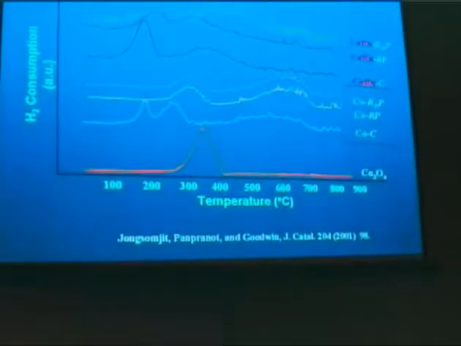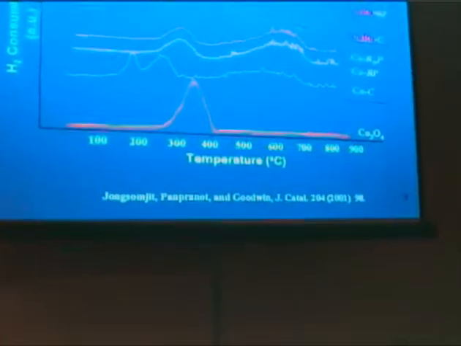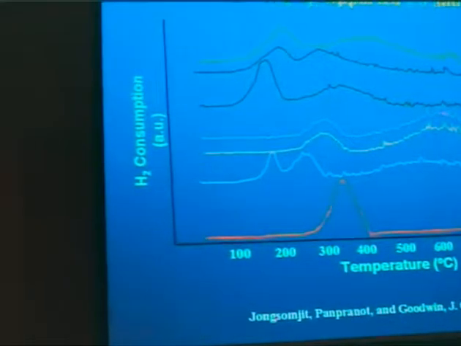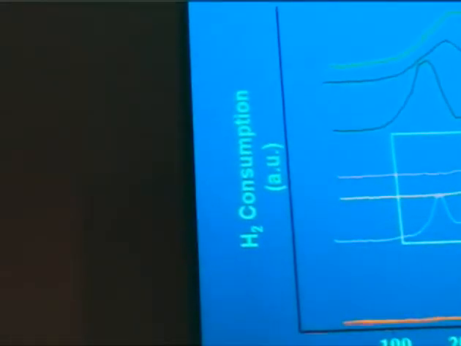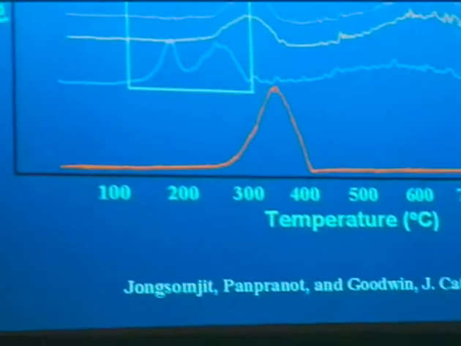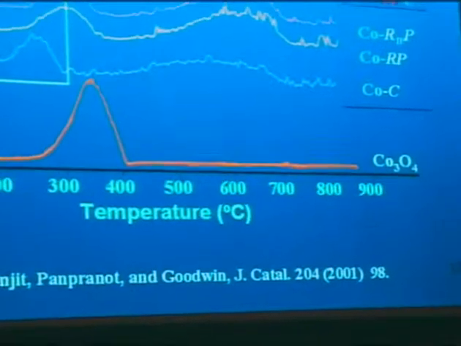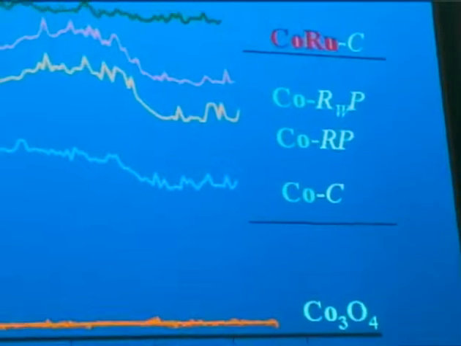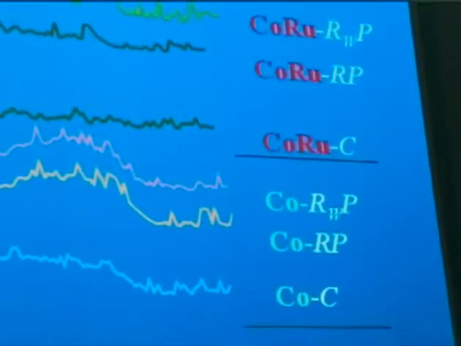Well, what is it doing? Well, there have been a number of papers, and certainly we've contributed to that as well. If you look at just the unpromoted cobalt on alumina, what you see is that if you do TPR of the as-calcined catalyst, you get some nice structures at lower temperature where you're getting reduction.